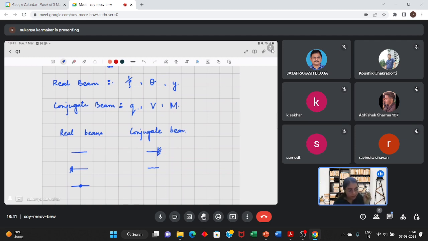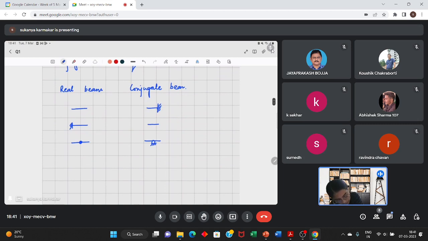I'm very sorry. The bending moment diagram is zero at the internal hinge. So it should be treated as a roller. And vice versa, if it is an internal roller, it should be treated as an internal hinge. So I'm writing this: this is an internal roller and this is a hinge.